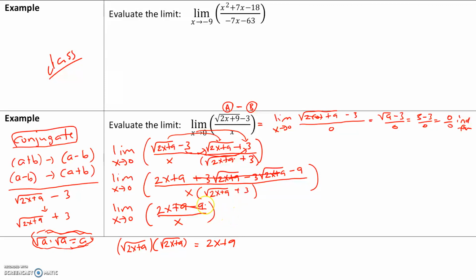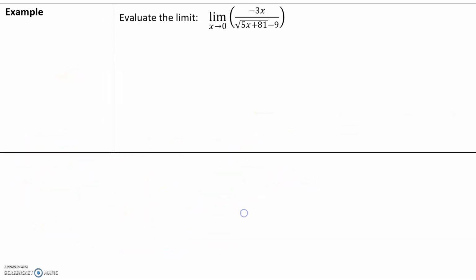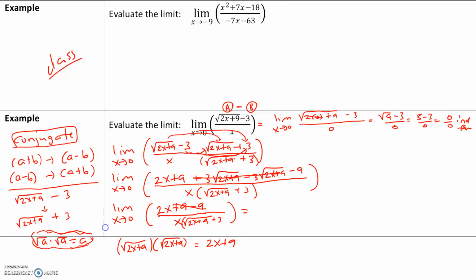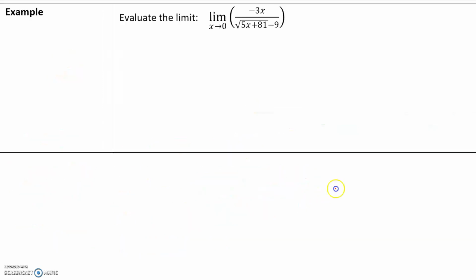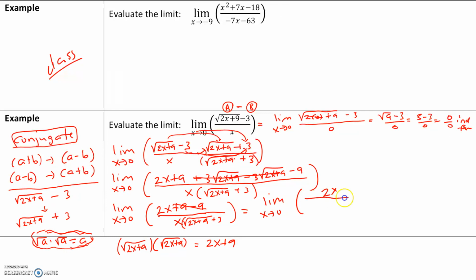And I forgot on the denominator, it's not just x, it's x times radical 2x plus 9 plus 3. So on the numerator, we get limit as x approaches 0 of 2x. The numerator just simplified to 2x. And on the denominator, we have x times radical 2x plus 9 plus 3.